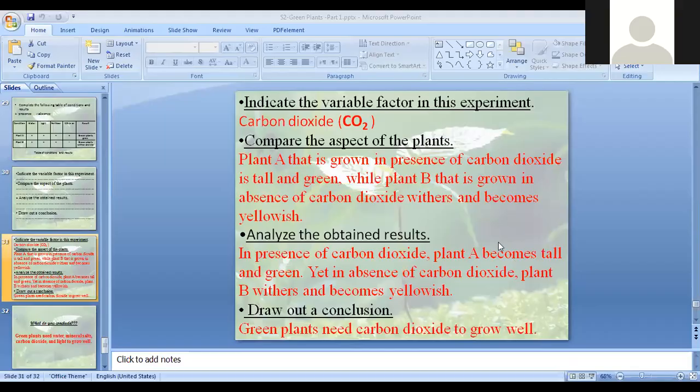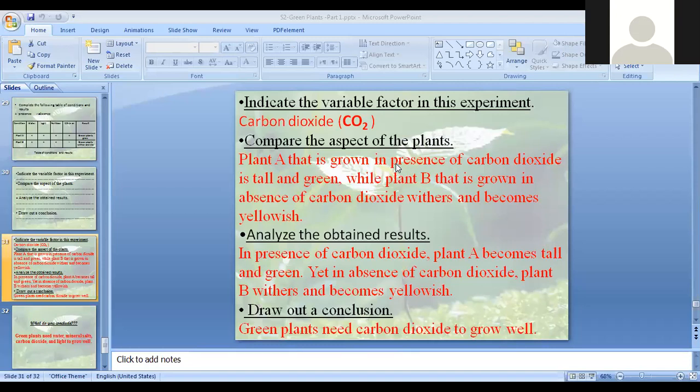So you have to say the plant that contains CO2 grows normally and it has normal appearance and normal growth, whereas the plant that contains no CO2 has abnormal growth, and finally the plants wither and they will die. So the variable factor is the CO2, carbon dioxide, and not potassium hydroxide, KOH.